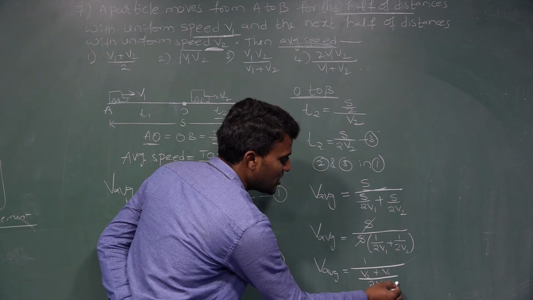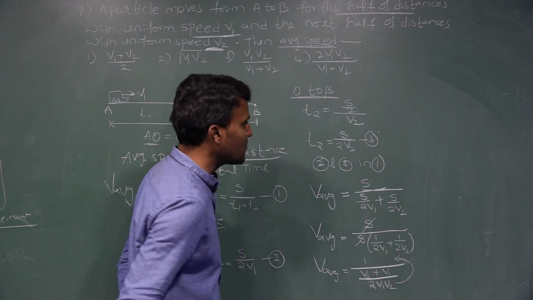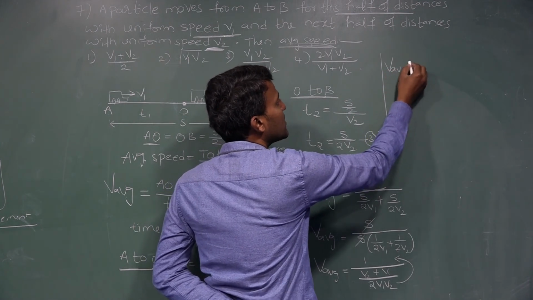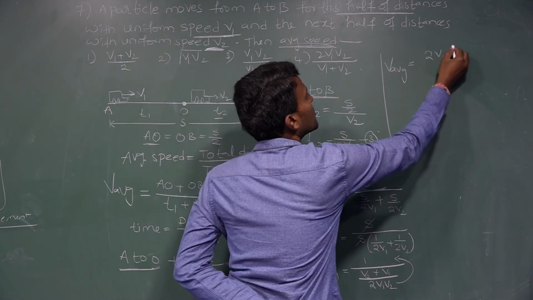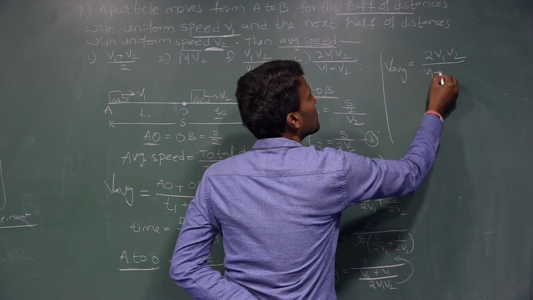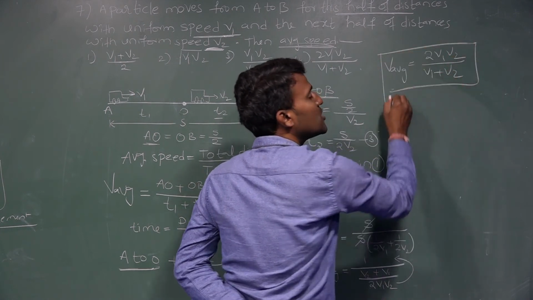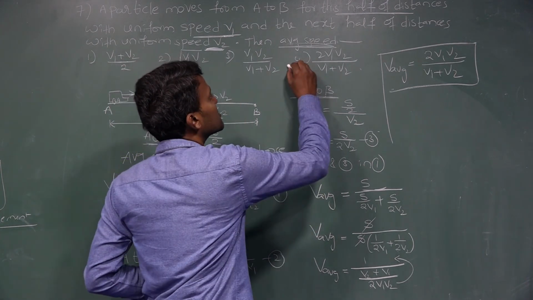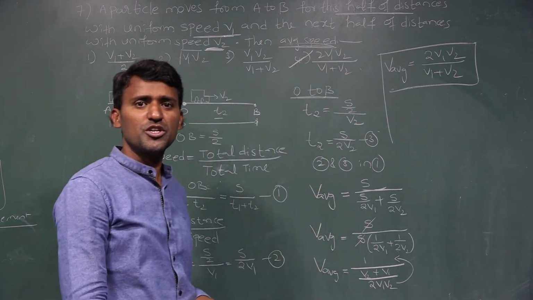The denominator goes to the numerator. Finally, average speed is equal to 2v1v2 divided by v1 plus v2. So the fourth option is the correct one.